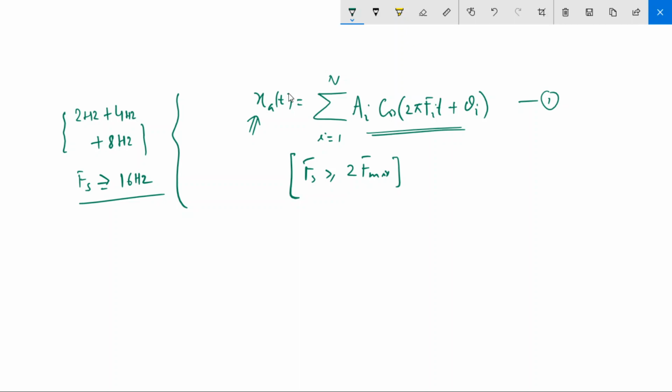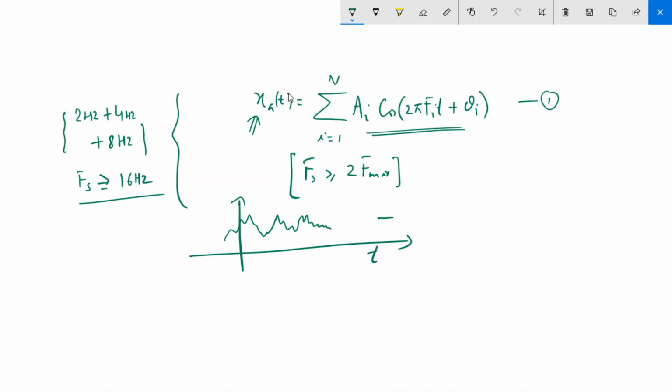Because when you see a practical signal, you do not get simply one sine wave. Suppose you see a speech signal, it has different frequencies with different amplitudes and phases. It is basically a random signal, you can say, and with time the amplitude and the frequency of the signal vary.